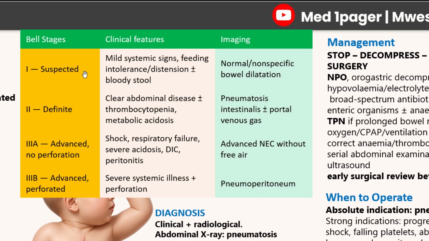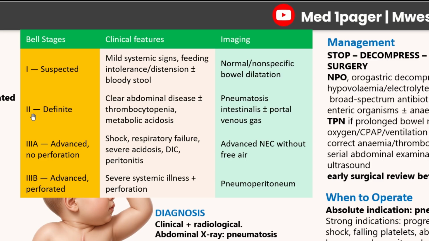In stage 1A, we have no bloody stool. The moment you see bloody stool, then you are already in stage 1B, and most of the times the intervention here is just we decompress them for like 3 days, give them antibiotics, and then do parenteral nutrition and correct everything else.